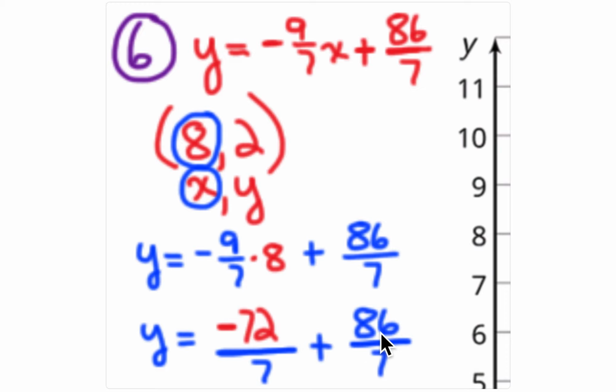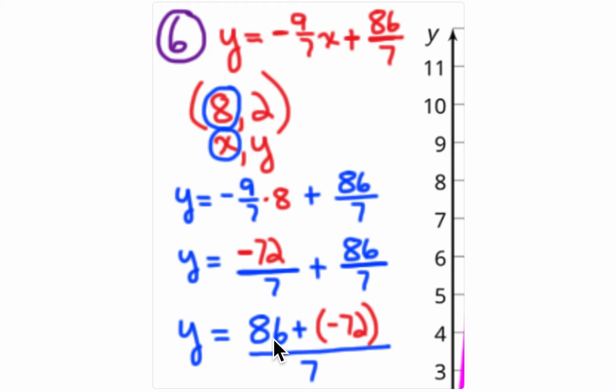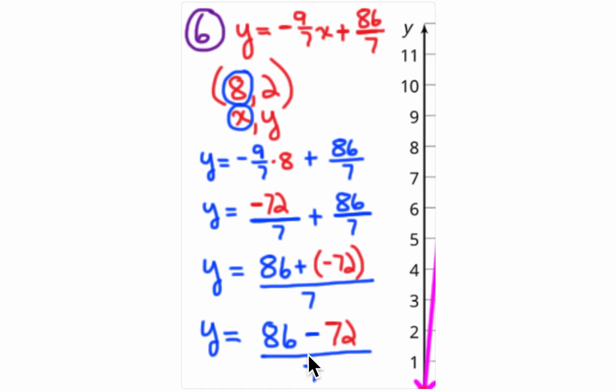Now I'm adding 86 positives plus 72 negatives. That's the same as 86 minus 72. So I can use the inverse operation, subtraction, and use the additive inverse of a negative 72 to change that to a positive 72. And so 86 minus 72.